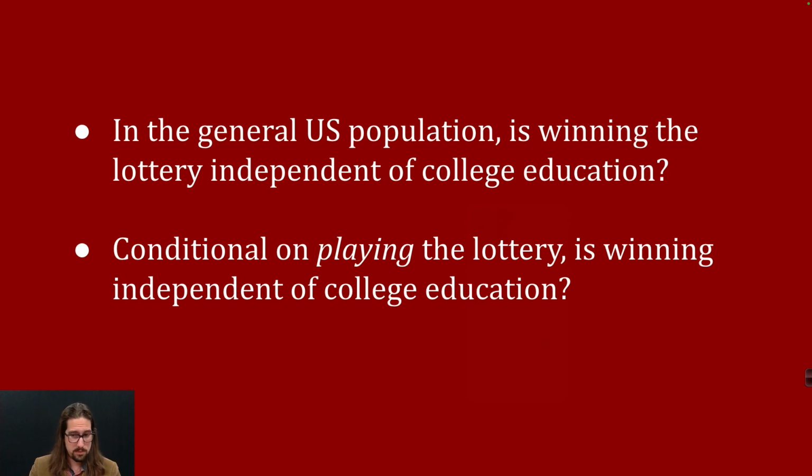If you look at survey data, get the US population, and make a big table, and you say, did this person win the lottery, yes or no? And then did this person have college education, yes or no? I guarantee you, if you look at that pattern of data, you're not going to get the same marginal probability of college education if you subset to the people who have won the lottery. So those are not independent.